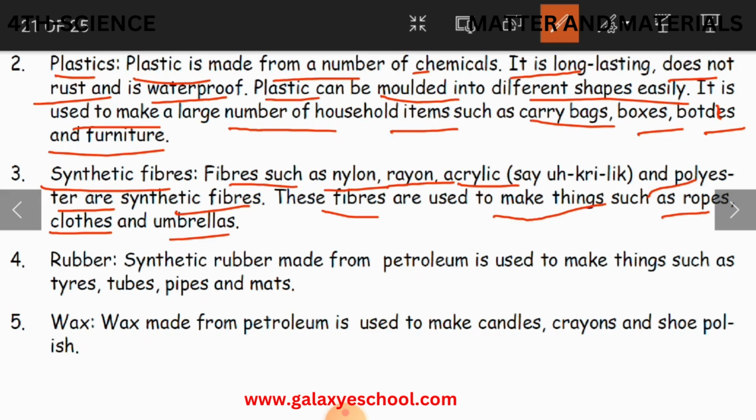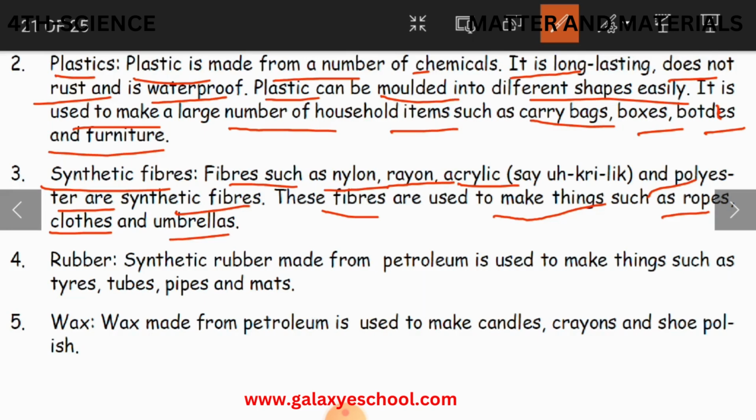Those were from plants, but here we have another kind, synthetic fiber. Cloth such as nylon, rayon, acrylic, polyester, these all are synthetic fibers. These are man-made fibers.